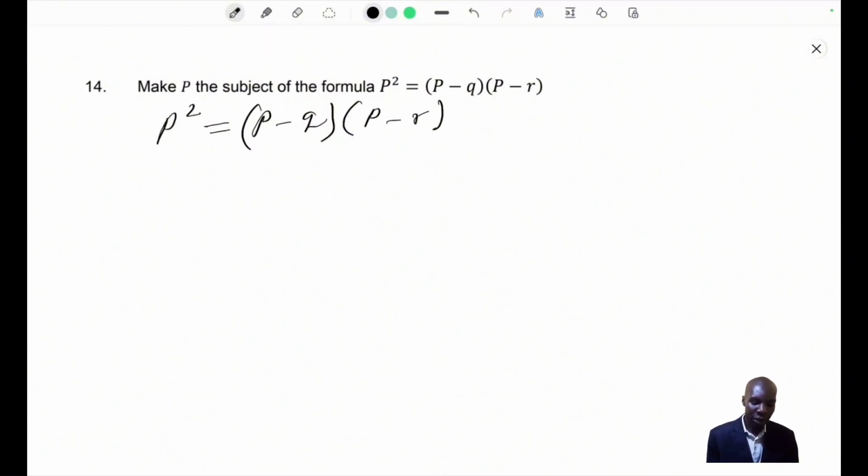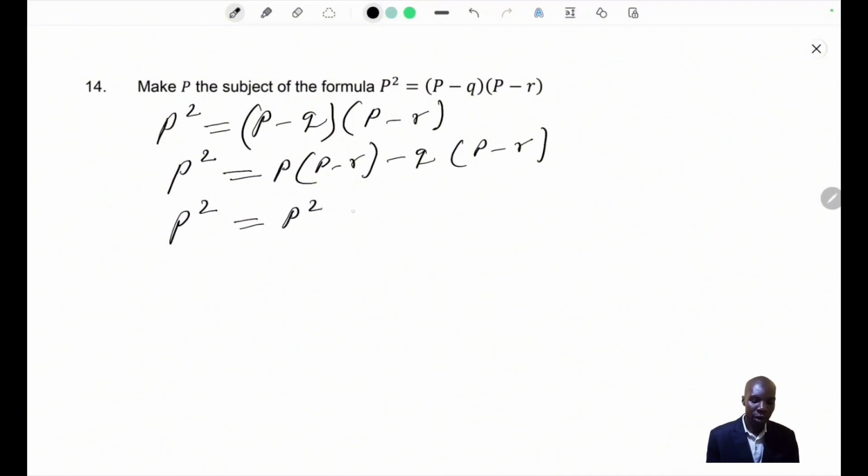We are going to say that P squared should be equal to P in bracket P minus R minus Q in bracket P minus R. We are going to open the bracket on the right-hand side. P squared is equal to P squared minus PR minus PQ plus QR.